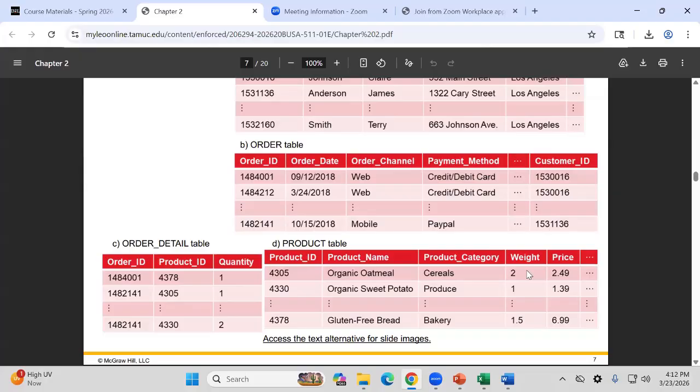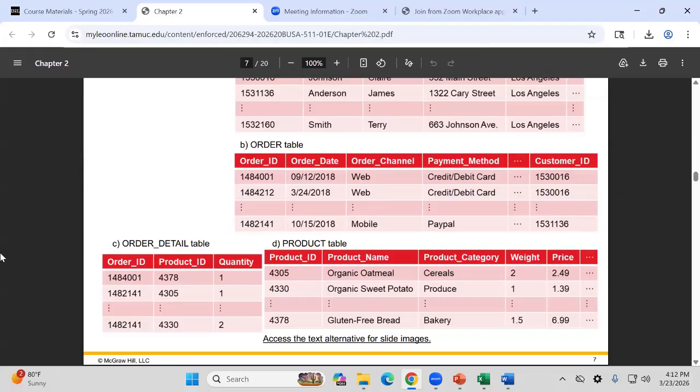So we call each table an entity. That will be a table with themes. The customer table only records customer information. The product table only records product information.